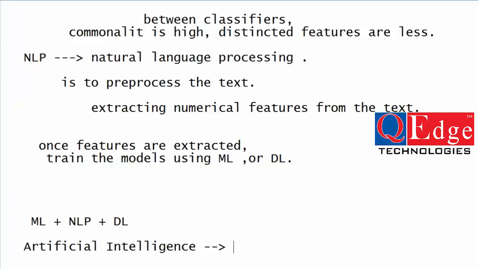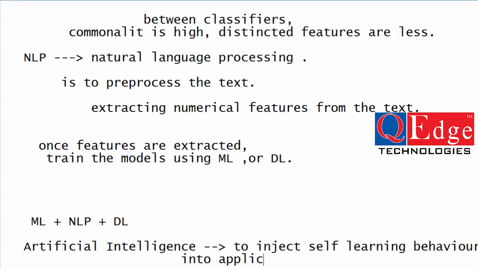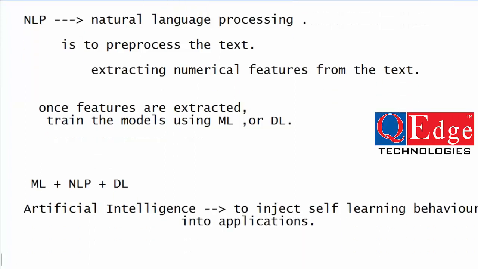This is to inject self-learning behavior into applications. That is what artificial intelligence is here. Once artificial intelligence was used only with robotics, now it is being embedded into the application itself.